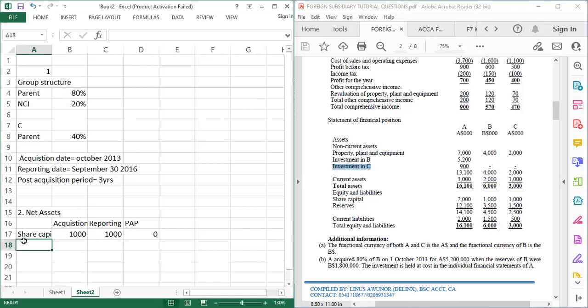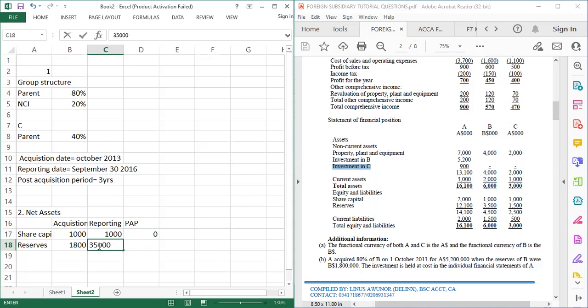Yeah. All right. What is their reserves at acquisition? The reserves will be given in the footnote. It's 1,800. But what is the reserve that they have in the statement of financial position? 3,500.